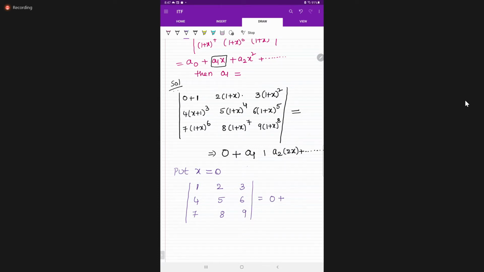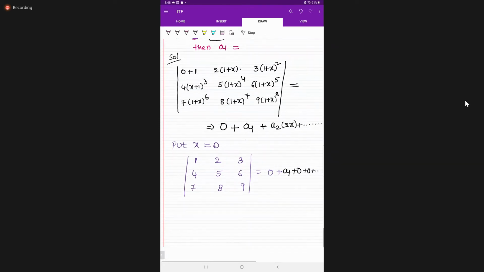This is 0. Now you put x equal to 0: a1 plus 0, the remaining elements also become 0. Why? Because next term, a2 2x, a3 3x square, when you take x equal to 0, the remaining terms also become 0. Next, now plus, minus, plus.